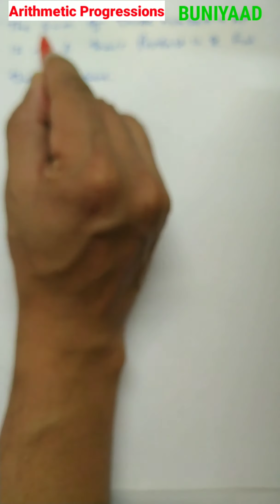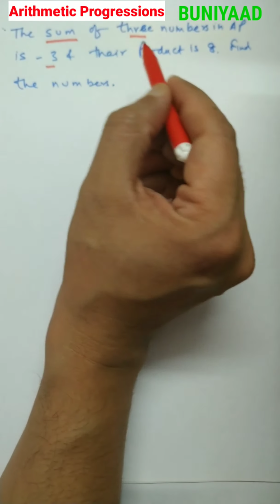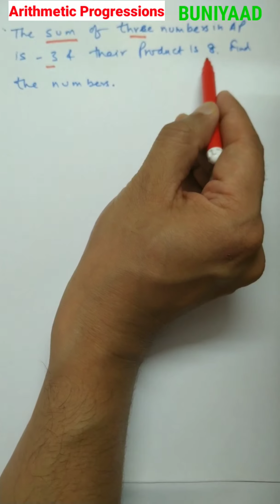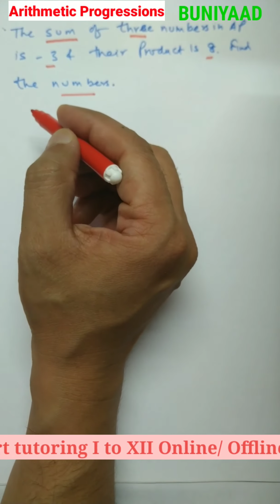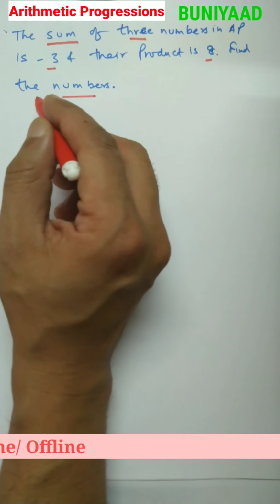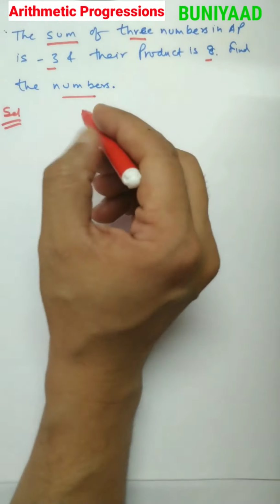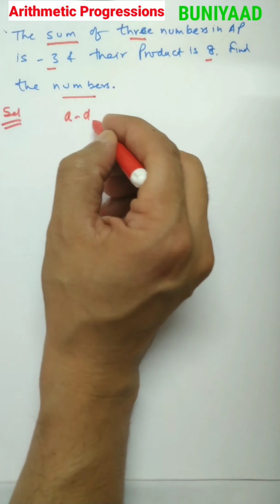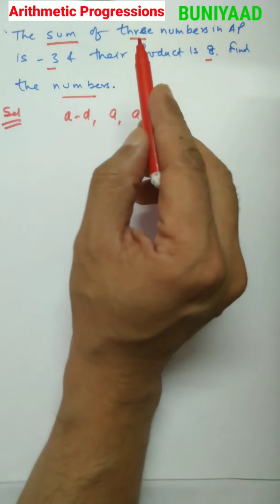The sum of three numbers in AP is minus 3 and their product is 8. Find the numbers. If you have to consider three numbers in AP, those three numbers will be a minus d, a, a plus d. This is the case if the sum is given.